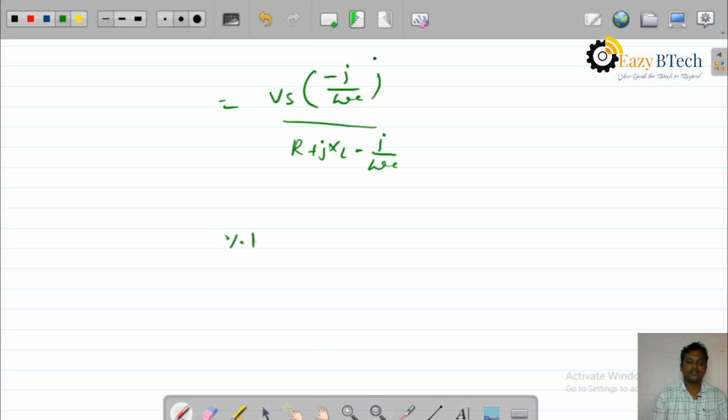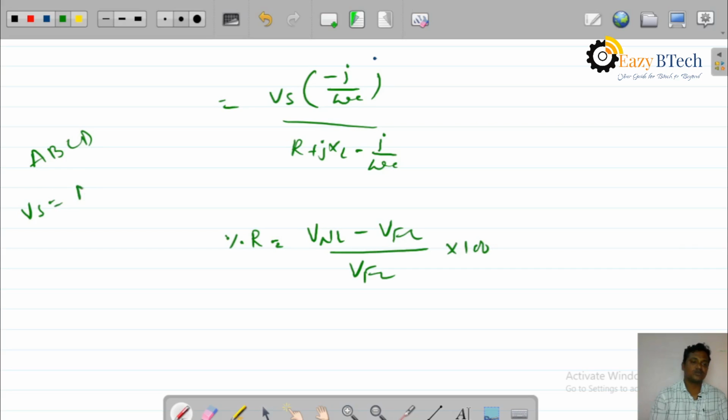The percentage regulation equals V no load minus V full load divided by V full load into 100. If the ABCD parameters are given, we know VS equals A VR plus B IR. From this equation, IR equals 0 for the no load condition.